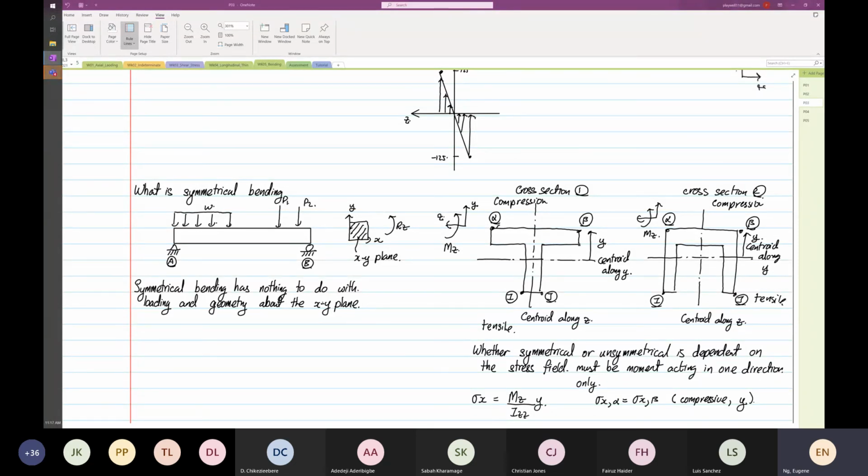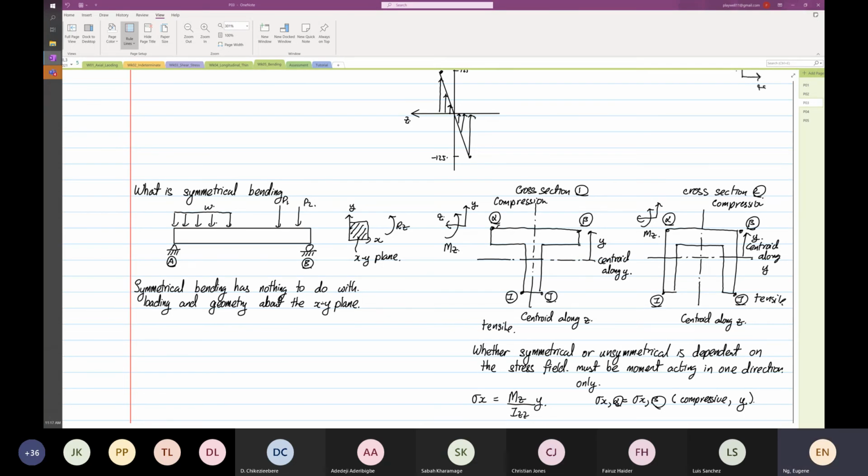So if you look at stress X at I and stress X at J, they're also the same, because both of them are in tensile, and the y value is the same.